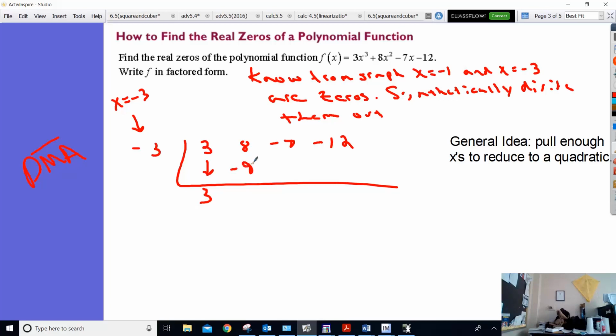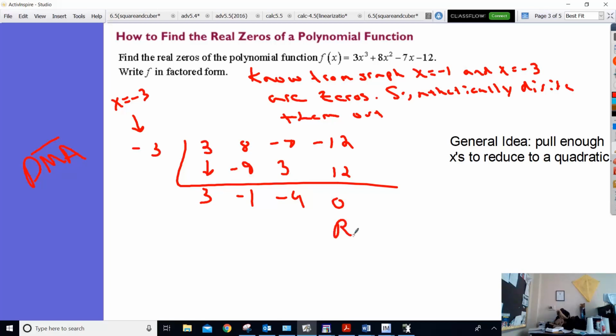After you multiply, you add this subtraction, this addition. You get -1. And after you add, you multiply. You guys did synthetic division on Excel, didn't you? And then you add. And then you multiply. And there you are. Now that 0 represents the remainder.